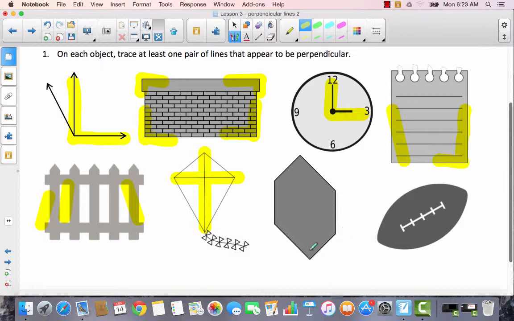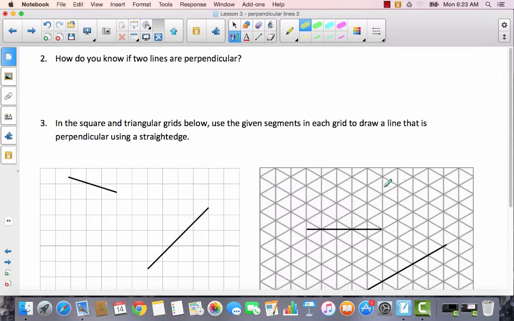But then when I look really closely, this looks like it might be a right angle. And this angle here might be a right angle. And then on the football, kind of like the fence, everywhere that the vertical laces cross the horizontal laces would make a right angle or perpendicular lines. Okay? All right, so let's take a look at the bottom.